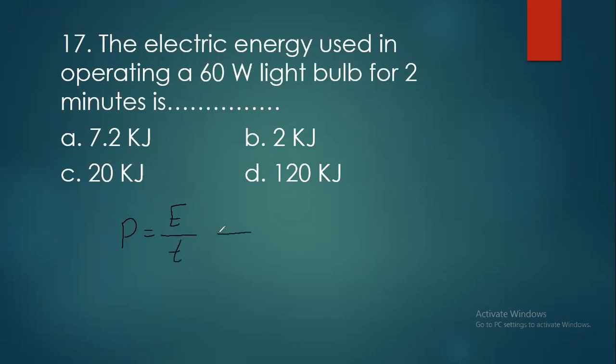So rearranging the formula gives us that the energy is equal to power times time, right? So that would be 60 watts times 2. But again, we are dealing with SI units, and the standard international unit for time should be seconds. So you have to convert the 2 minutes into seconds, so that would be 2 times 60.